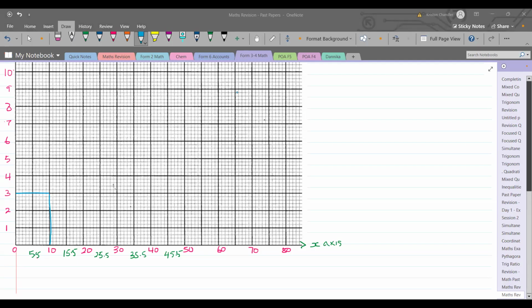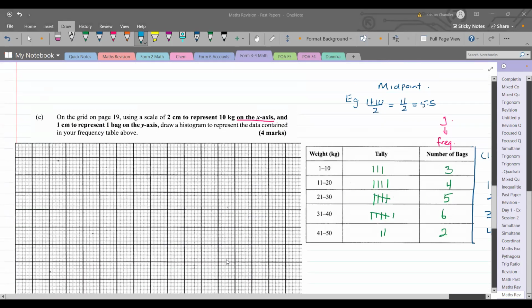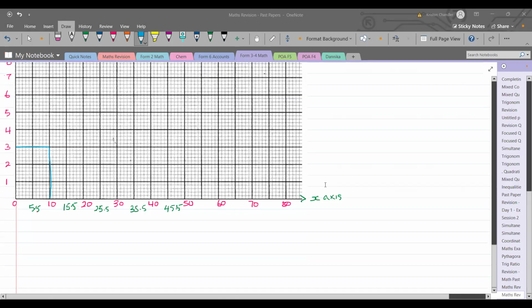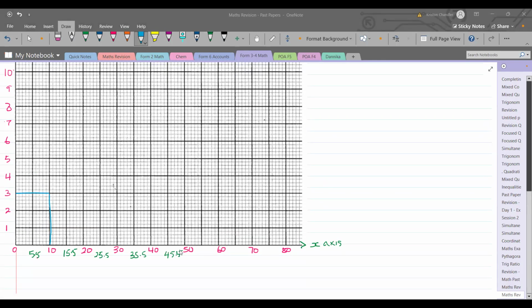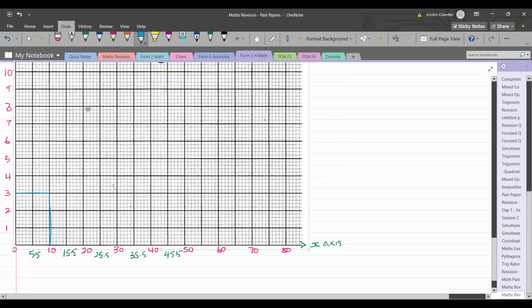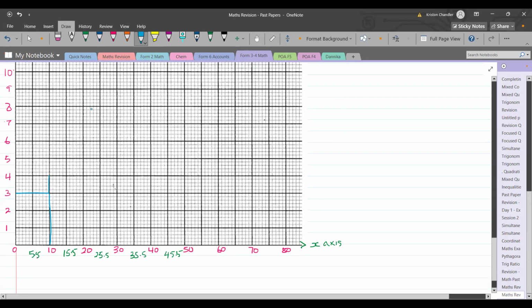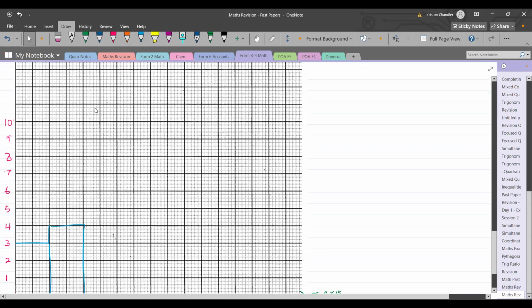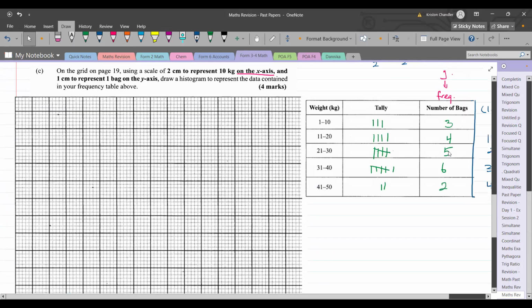All right, so we draw the other bar now. The other bar is going to be 4 is our frequency. And we're looking at this column here, 11 to 20. With the histogram, the bars are stacked on top of each other, so there are no spaces between the bars. Then the other one we're looking at is going to be 5.